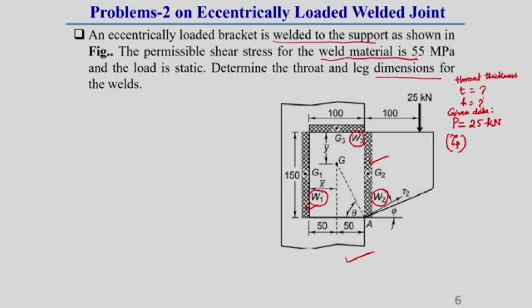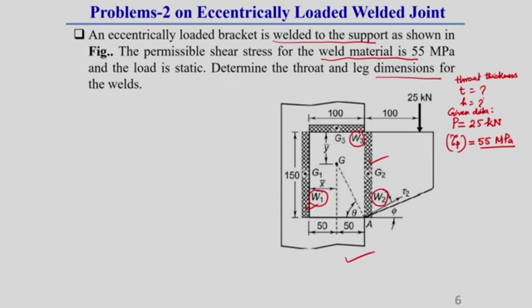This is the permissible shear stress of the weld material, that is why we are finding the weld's resultant shear stress. Tau P is given as 55 MPa. What is required? We have to find the throat thickness T and leg length H.